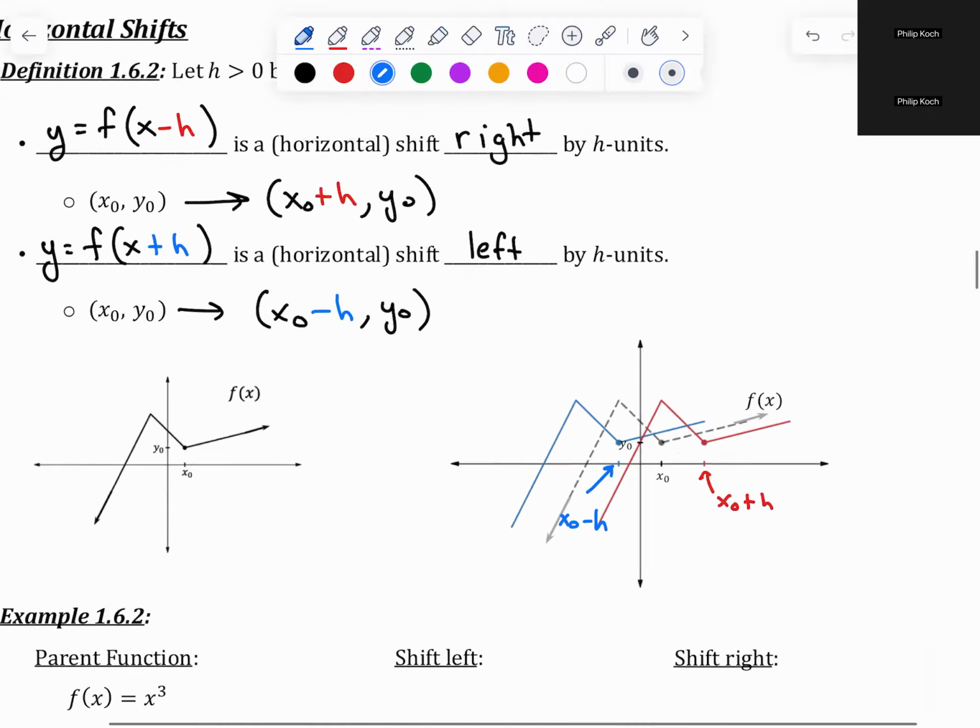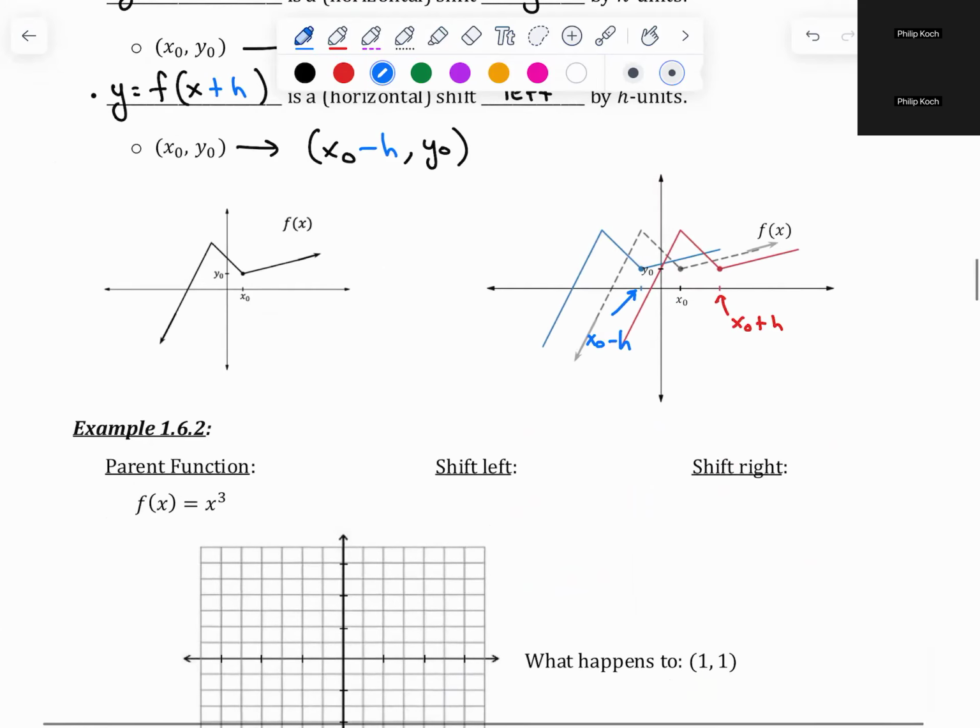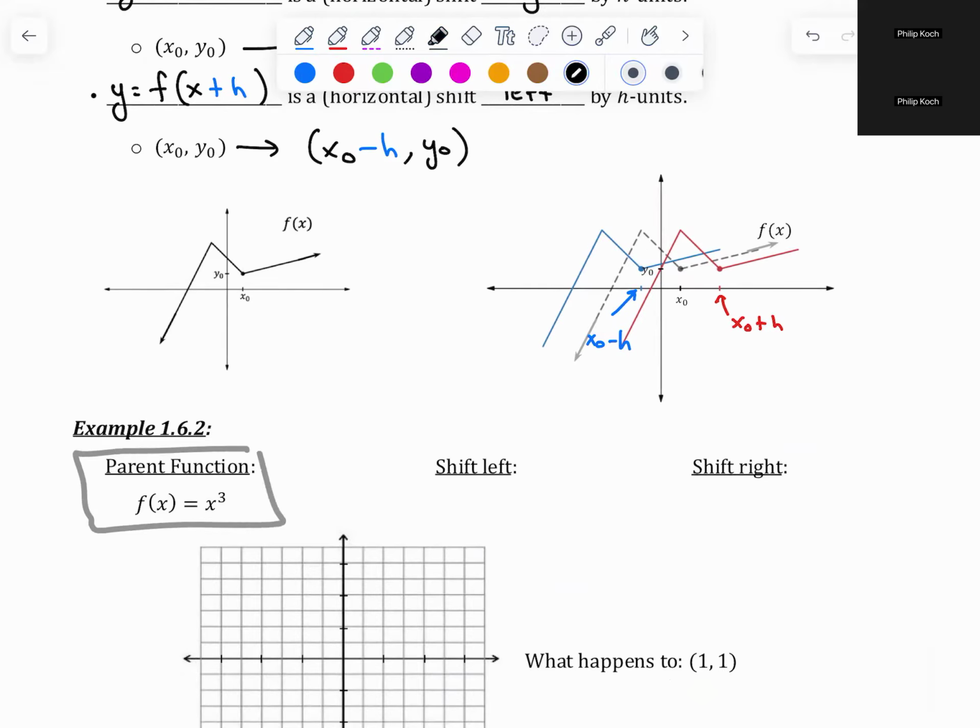So, in a graph format, let's look at a specific example to visualize this. I'm just choosing the parent function as an example. I could have just as easily used absolute value of x or 1/x. Another version could be y equals x cubed.